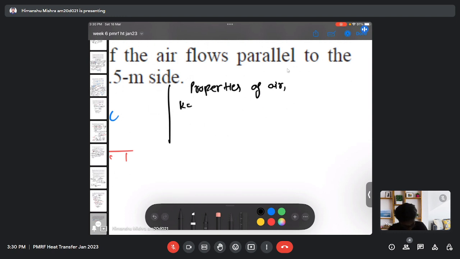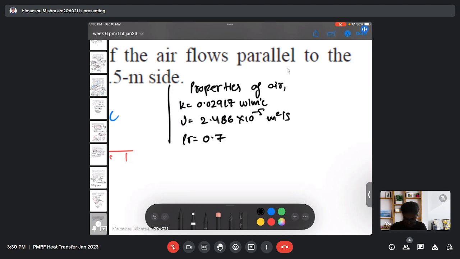The thermal conductivity is 0.02917 watt per meter Celsius. And the kinematic viscosity will be 2.486 10 to the power minus 5 meters square per second. And the Prandtl number of air is, let's say, 0.7.